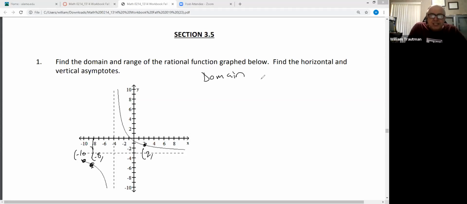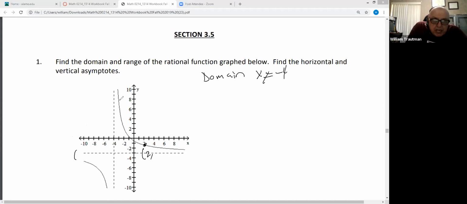So the domain is x can equal everything, except there's one number x cannot equal. Do you see? These are all x values. The only thing x cannot equal is -4. X cannot equal -4. Look at this graph.